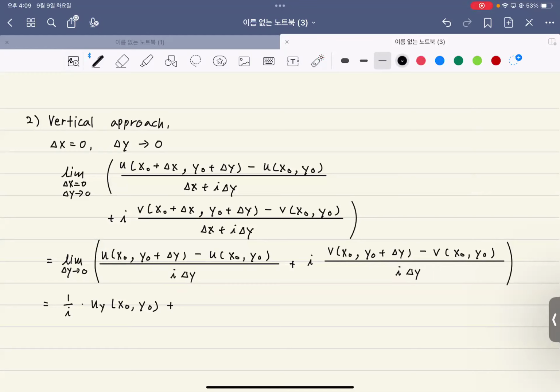So this is just the partial derivative of v with respect to y at x0 and y0. Sorry, I just changed my mind. I will just say minus i, right? 1 over i is the same as minus i. Sorry, I changed my mind. Just one more time, I'm sorry about this.